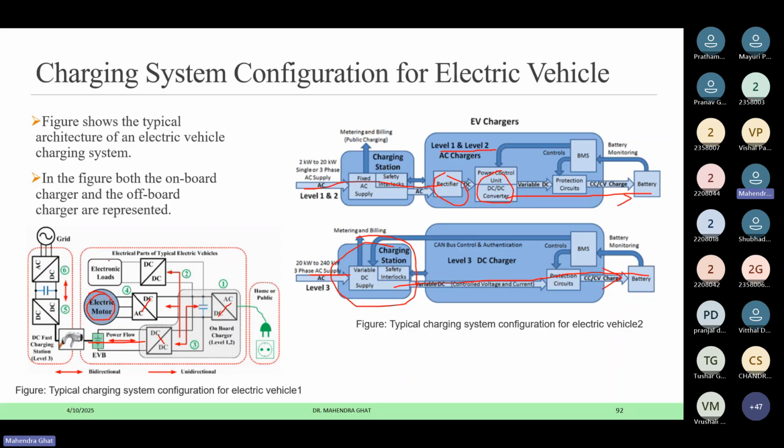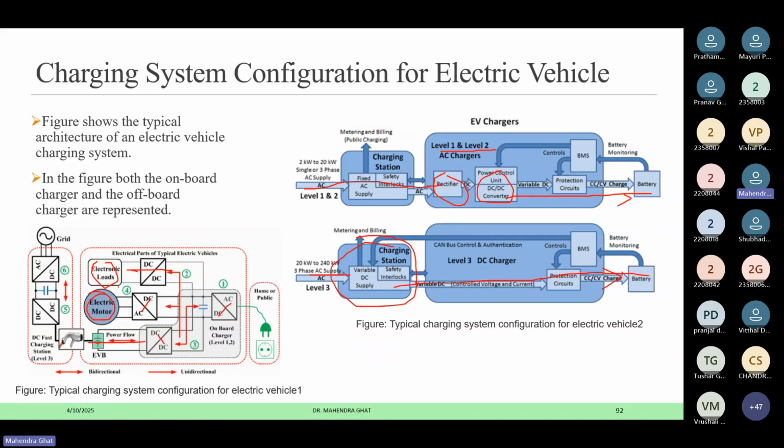Also, there are some other electronic loads like AC, display, and automatic windows going up and down, which also require DC supply. But that is a low voltage DC supply. So there again one DC-DC converter will take the power from the battery and give it to the electronic load.